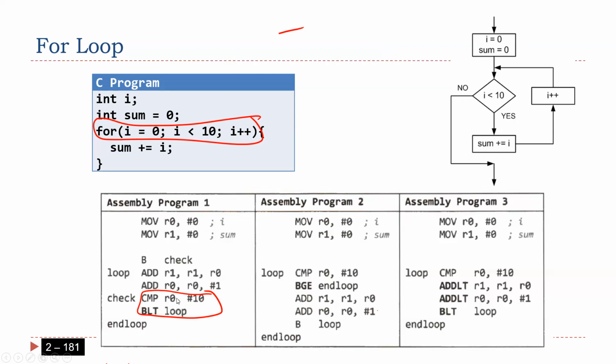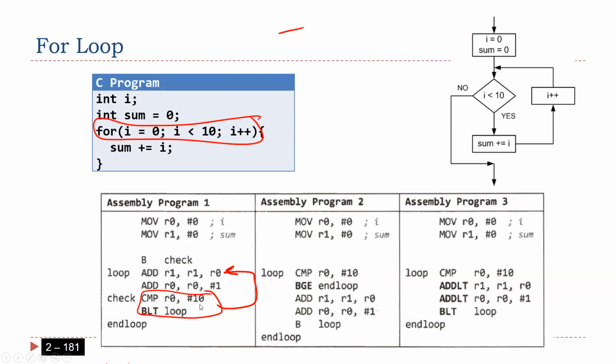If I, or R0, is less than or equal to 10, I'm going to loop to here, as you see. In the very beginning you have to check, so that's why I'm going to jump to here to check the first time. After that, I'm going to make iterations to here. So as you see here, I'm going to check.